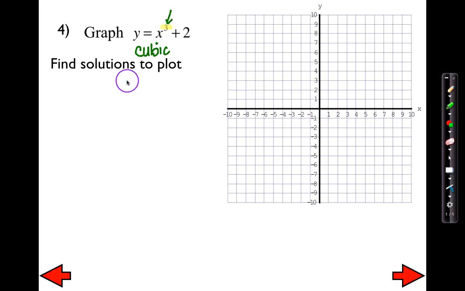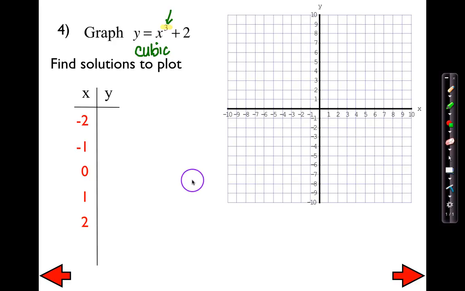So now, again, since I can't just plot my y-intercept and use a slope, I'm going to have to create a table. I'm going to use some negative and some positive values, and the best numbers to use would be -2, -1, 0, 1, 2, because these are the smallest numbers you can possibly use without having to deal with decimals or fractions.